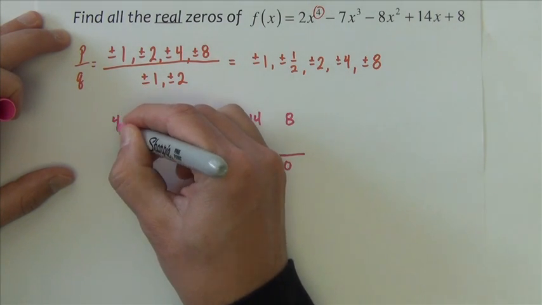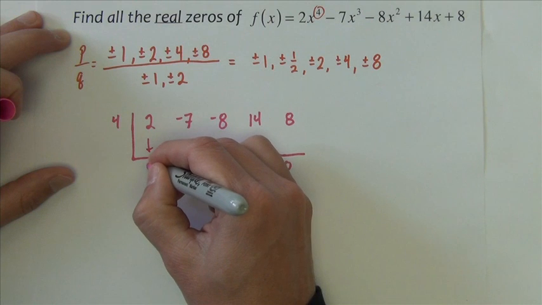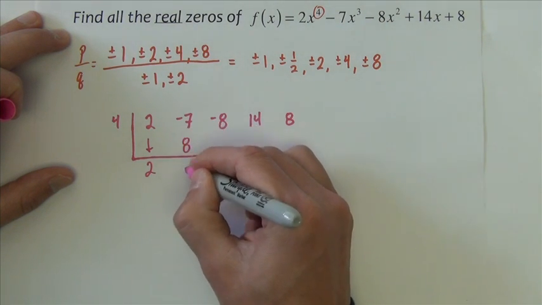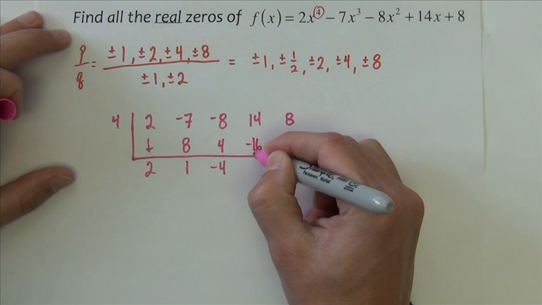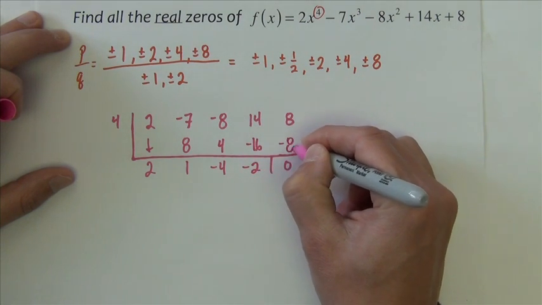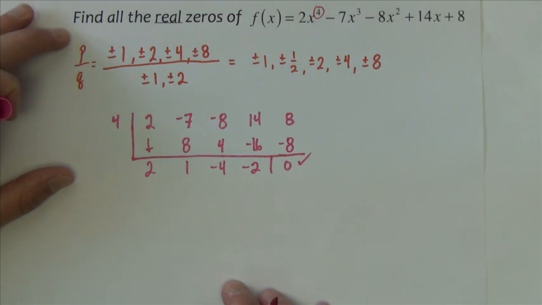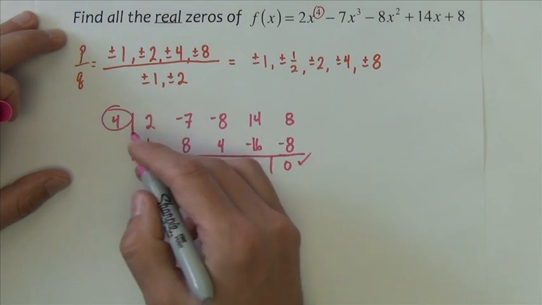We're going to try positive 4. Sure enough, it worked. Okay, so positive 4 is a 0.